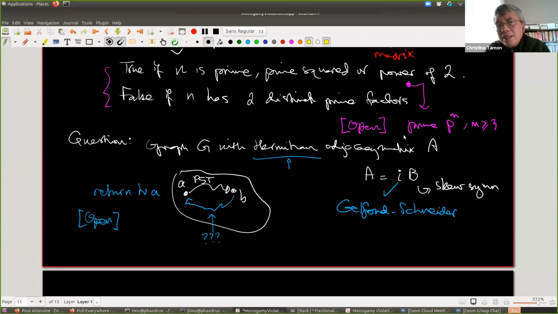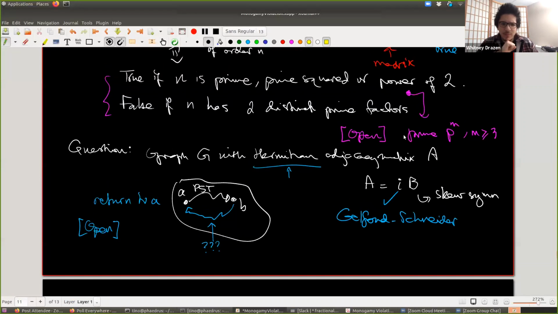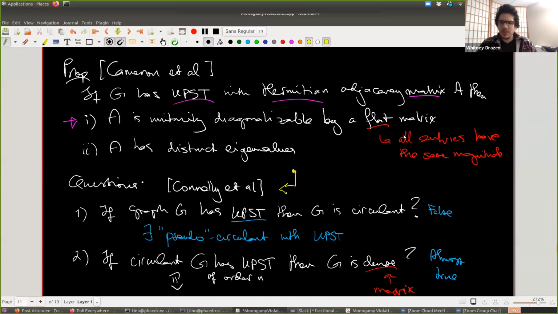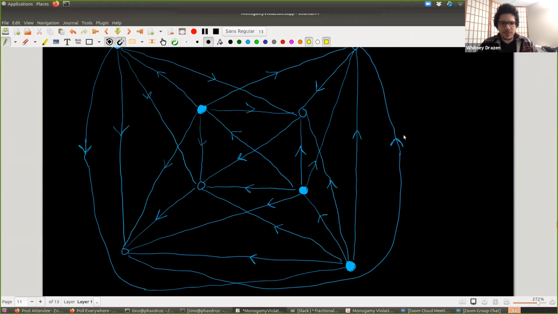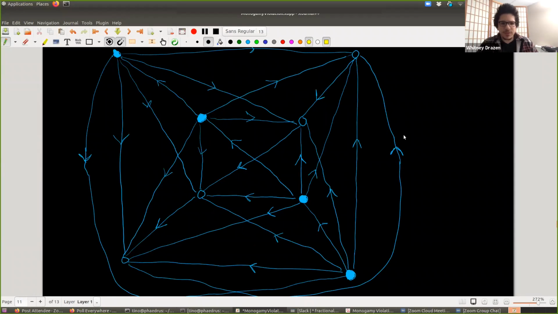And there was a large example, that graph that Sabrina showed. I don't know if there was a better way of thinking of that, in terms of whether it was composed of some sort of smaller graphs.